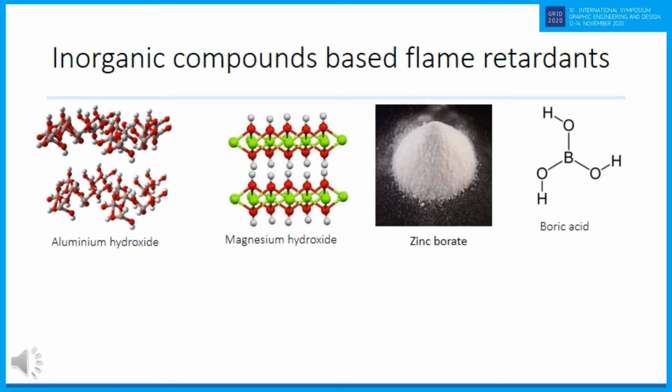Inorganic compounds-based flame retardants. Aluminum hydroxide is one of the most used flame retardants in this group. It is cheap, but the quantity of aluminum hydroxide must be more than 60% in the polymer, because its mechanism is based on the release of water, cooling and diluting the flame.